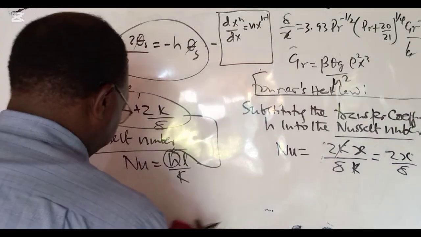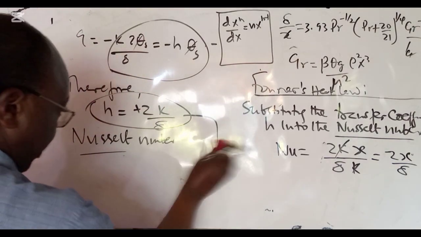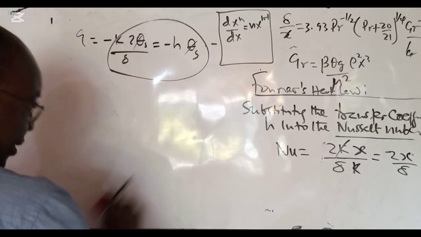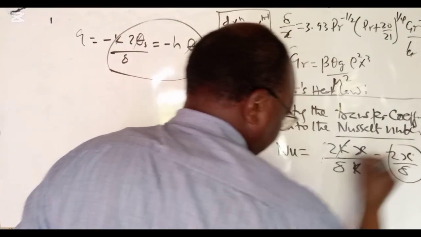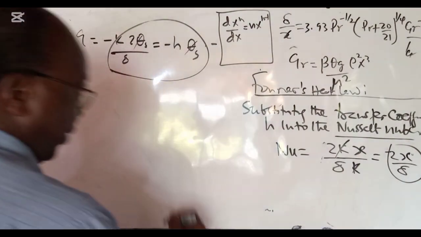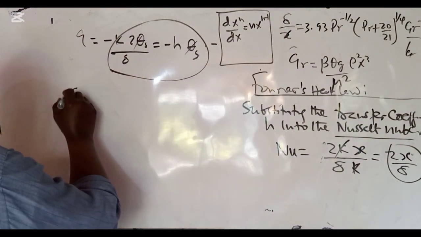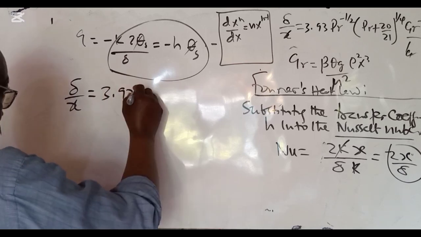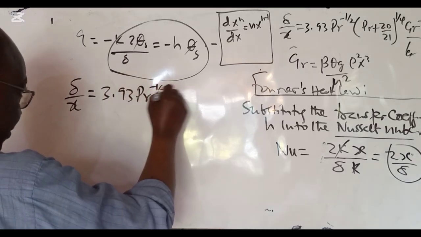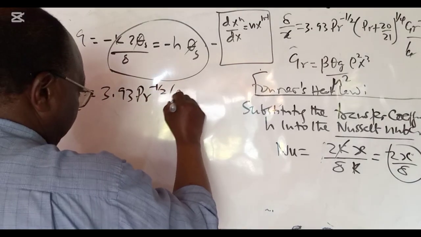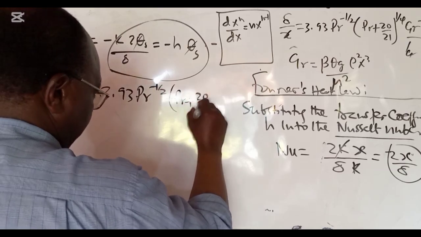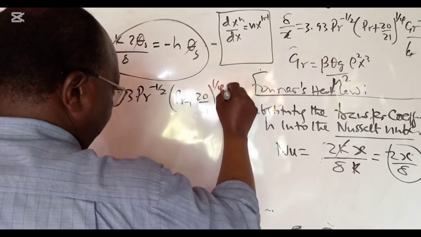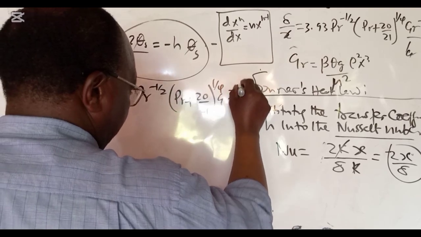Now, if we go back to our early expression, which we had said was sigma over x, which we had gotten was 3.93 Pr to the minus a half, times Pr plus something, times the Grashof number to the minus a quarter.